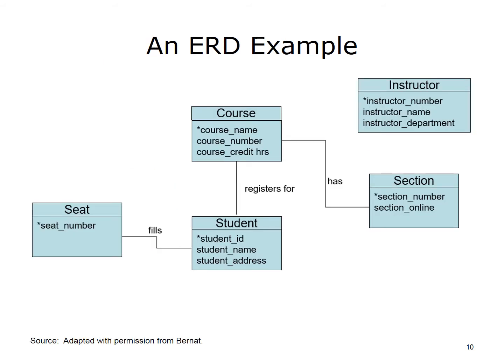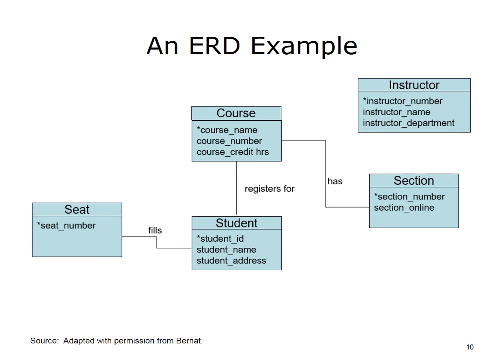An ERD looks like this. There is only one type of ER diagram, a data model. The ERD in the example describes the data that might be used to manage courses and student registration. A data system for managing student course registration would need data about courses, instructors, course sections, course seats, and students. These are entities.